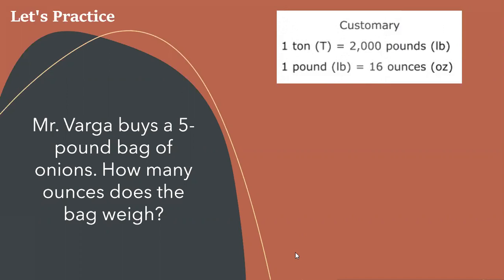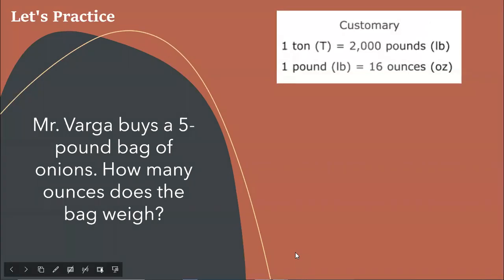All right, it says, Mr. Varga buys a 5-pound bag of onions. How many ounces does the bag weigh? So first, we will need to come to our conversion chart here, and I'm going to find the pair that has pounds and ounces. So we see that this bottom portion does. 1 pound is equal to 16 ounces.